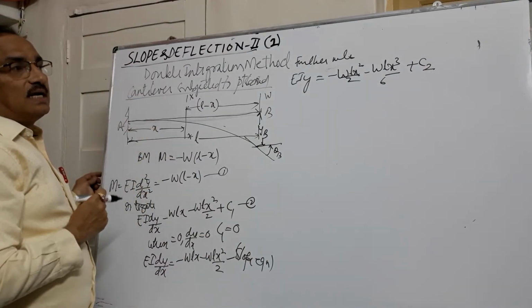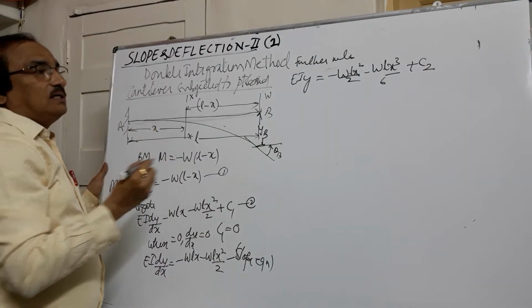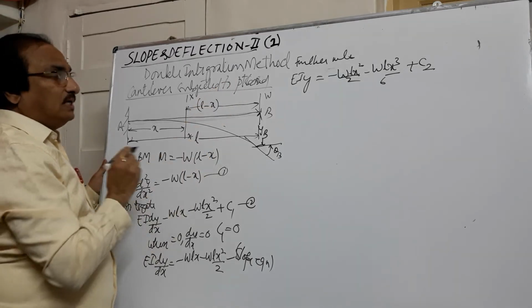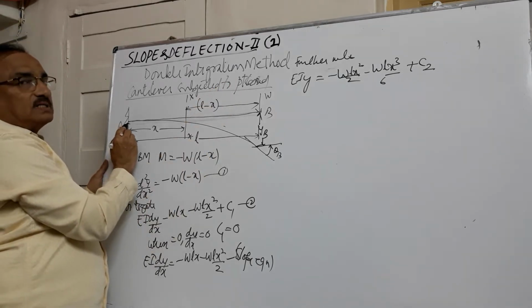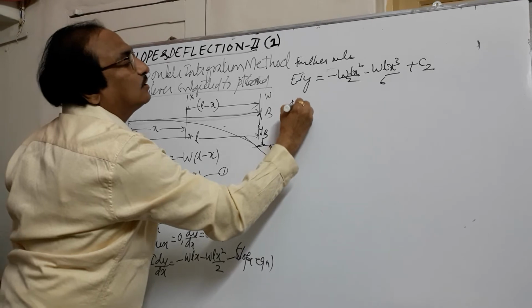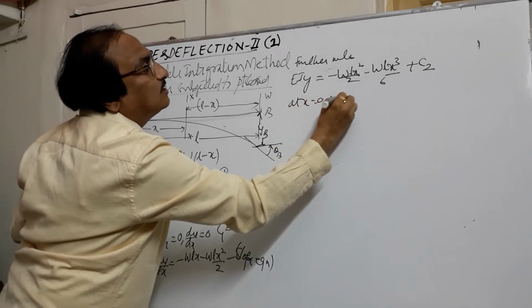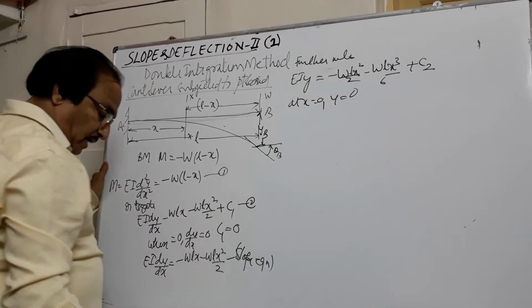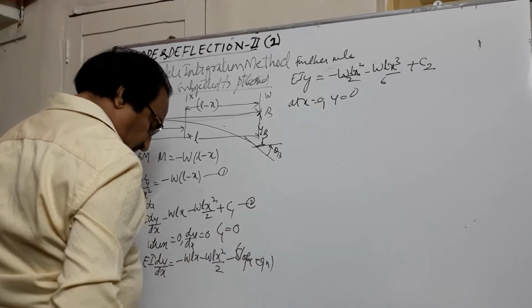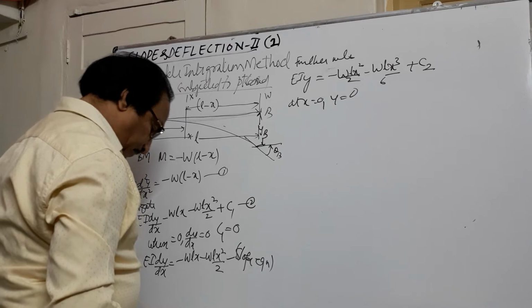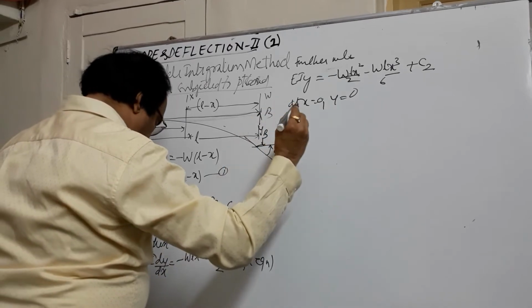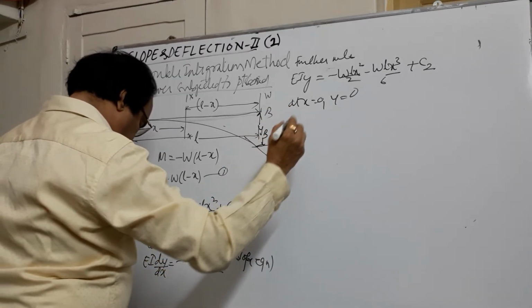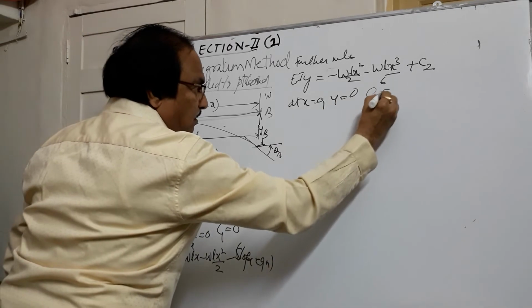Now C2 is the second constant of integration. Again we will use the boundary condition. Here there is no deflection at the fixed end, that is the benefit. So at x equal to 0, y is equal to 0. If you simplify, you get C2 equal to 0.